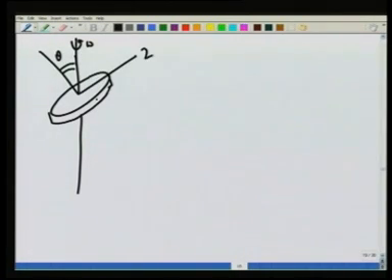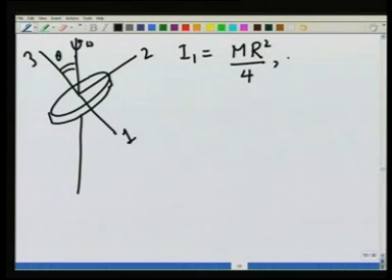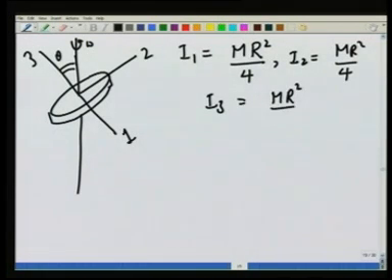This is axis 2, this is axis 1, and this perpendicular is axis 3. You can see I1, we had calculated it earlier. The moment of inertia about one of the diameters is m r square over 4, if the radius is r. I2 is also going to be m r square over 4, and I3 is going to be m r square over 2.